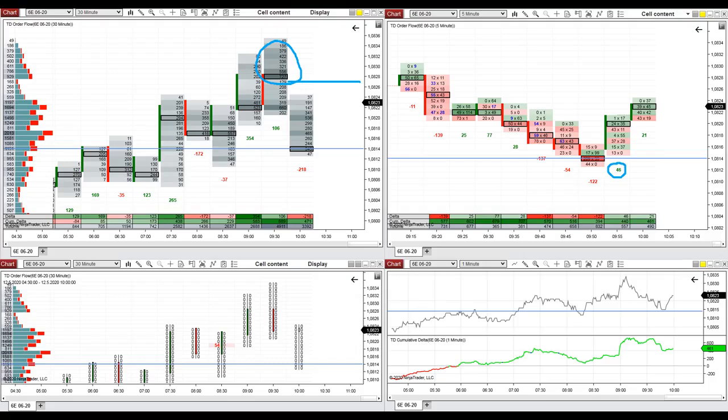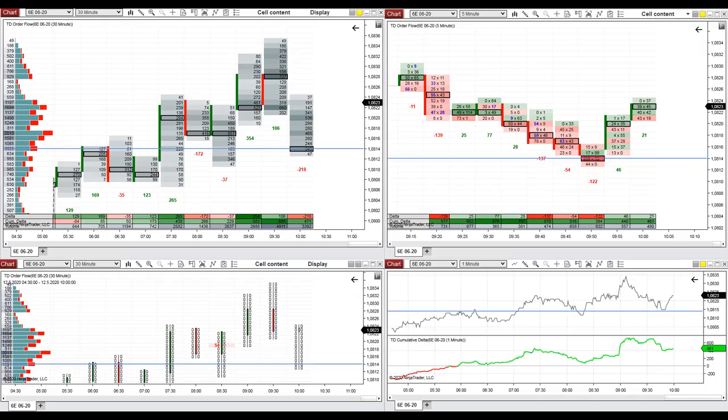Right now it would be wise to move your stop loss below the reaction in here, behind this high volume node. This should now work as a support. The price shouldn't go past it, so it would be best to secure the position, move the stop loss one tick below this rejection.